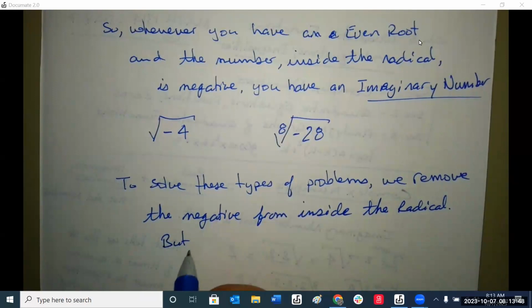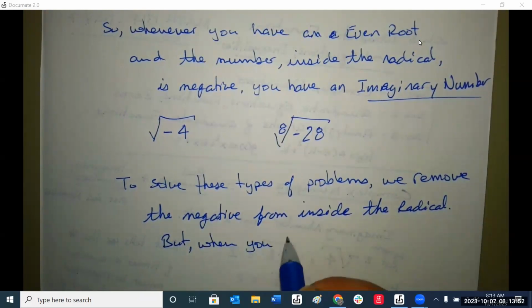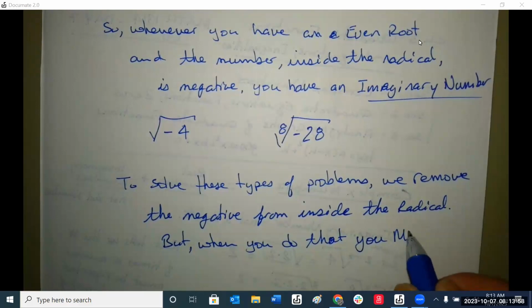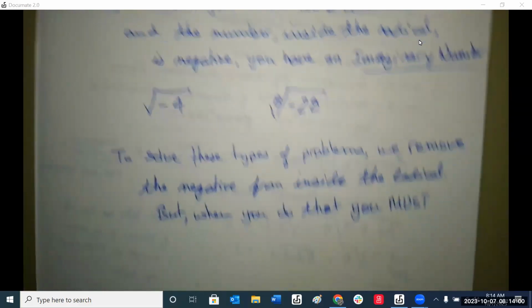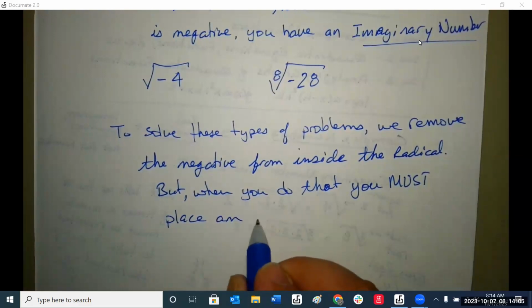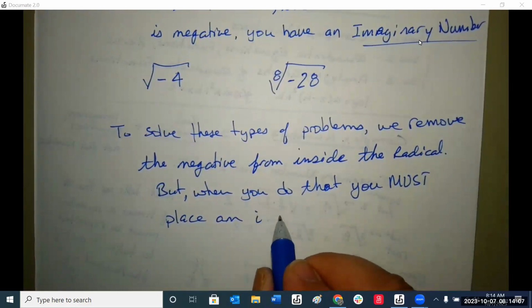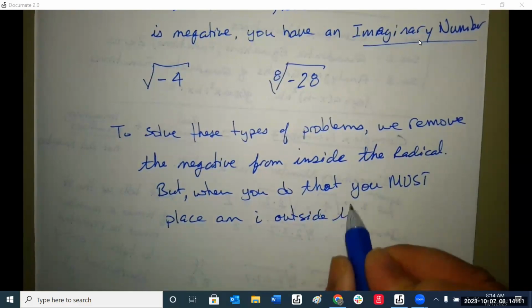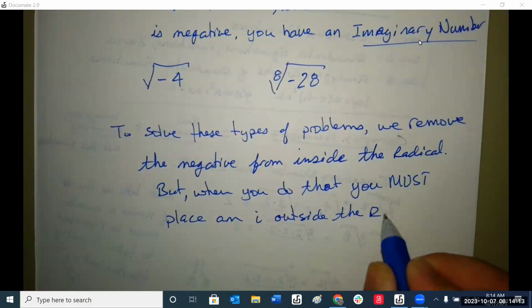But when you do that, you must place an i outside the radical.